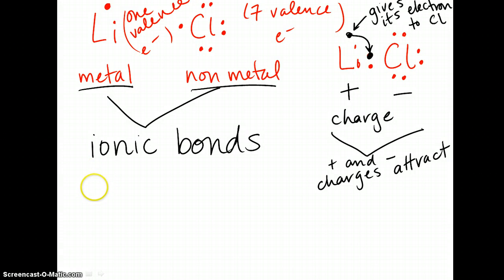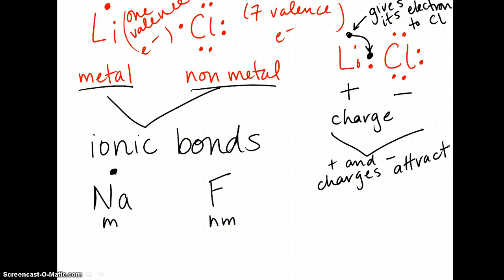So let's do another one. I'm going to have you actually try it out. We have sodium. And we'll have, how about fluorine? All right? First thing I want you to do is identify which ones are the metals and the non-metals. So here we have the metal, and here we have the non-metal. Again, sodium has just 1 electron.